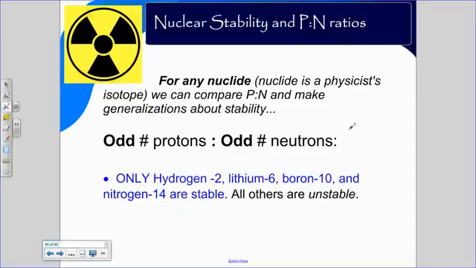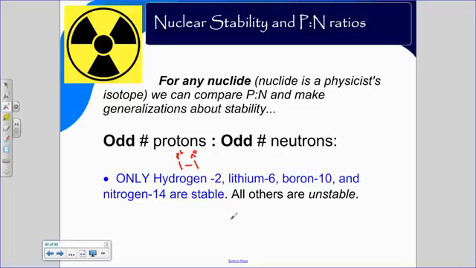If our nucleus contains an odd number of neutrons and protons, like hydrogen 2, which is 1 proton and 1 neutron, those are each odd numbers. There are 4 nuclides that have odd neutrons, odd protons that are considered stable. Anything else is unstable. Okay?